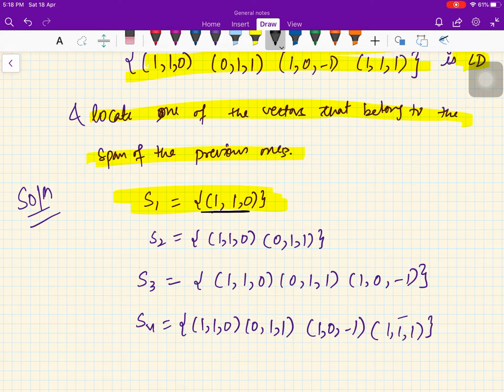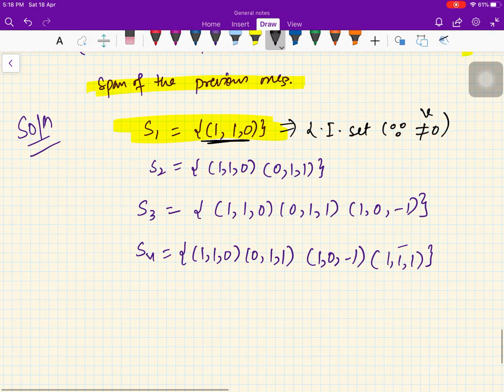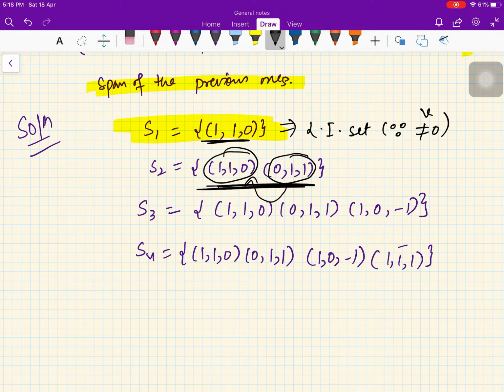Can you tell me if it is linearly dependent or independent? It should easily come to your mind, because this is a non-zero element, so this is a linearly independent set. A singleton element is linearly dependent if and only if that element is 0. Now look at S2. You cannot write this as a multiple of this or this as a multiple of this, so this is also linearly independent.